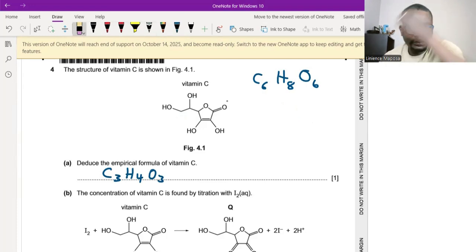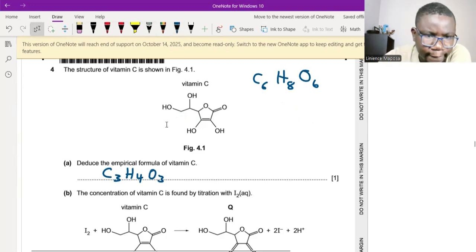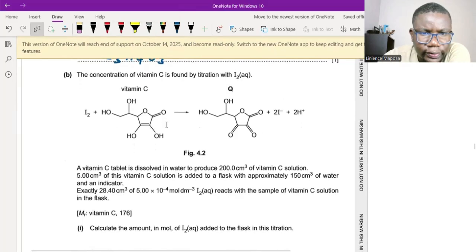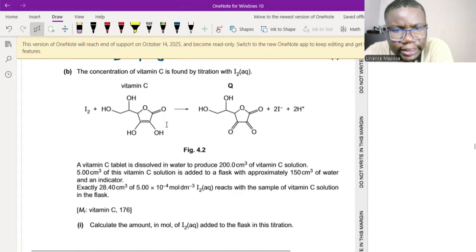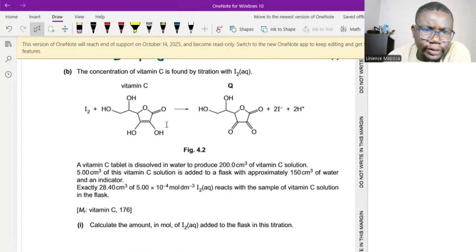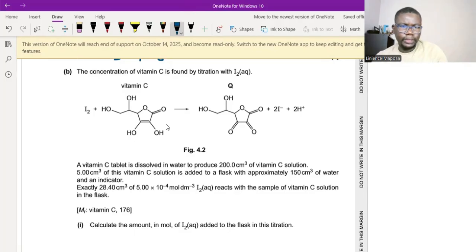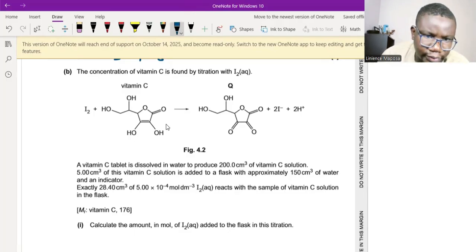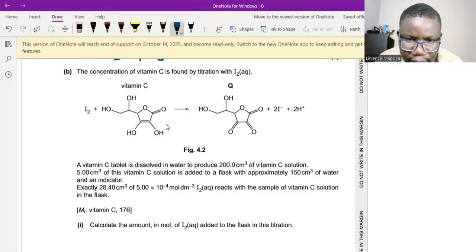That will be my answer there. Right, moving on. The concentration of vitamin C is found by titration with iodine. If we take vitamin C and react it with iodine, there's a reaction according to this equation here. A vitamin C tablet is dissolved in water to produce 200 cm3 of solution.